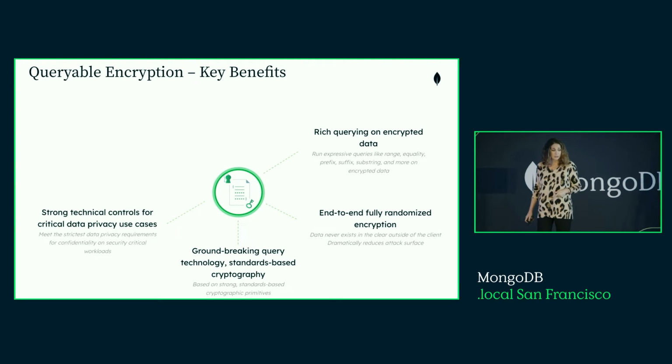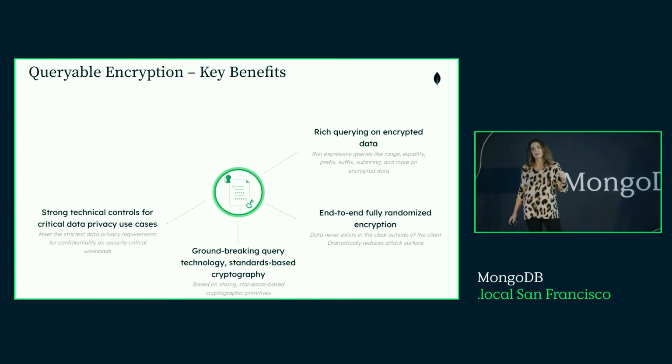These are strong technical controls for critical data privacy use cases, whether it's GDPR or PCI, or, we're in California, so we've got CCPA. These often have a higher bar, and you can use these as technical controls, not just operational controls, to ensure that that data is not being exposed.